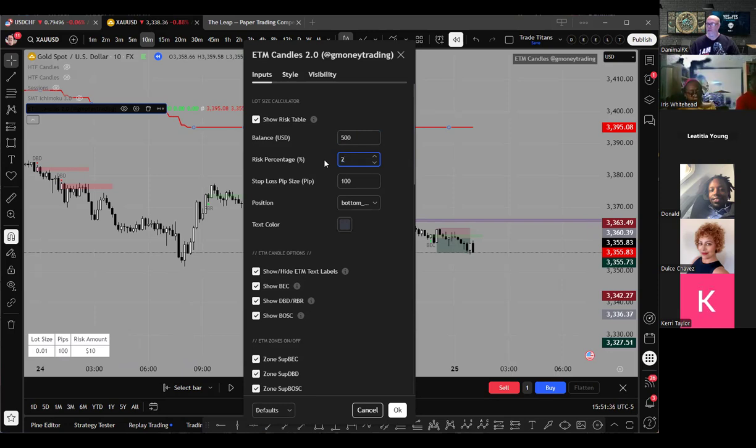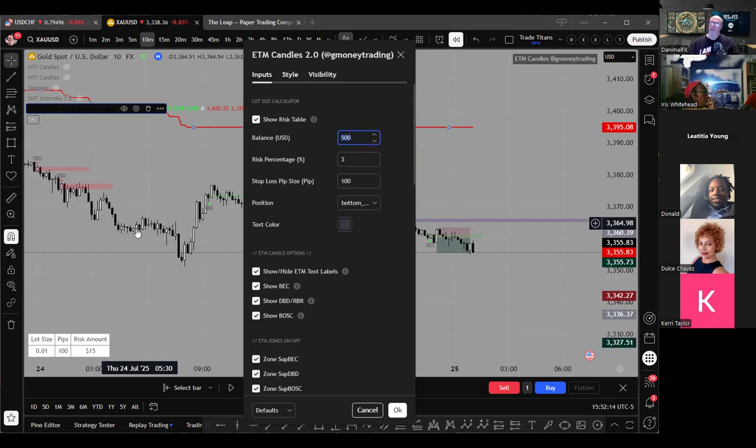So anywhere between 1 and 2%, on a $500 account, you really don't need to risk more than a 0.01, or a maximum of 3%. You're still going to risk that same $15 for 100 pips. So for every additional percentage, you're going to add $5 on a $500 account.